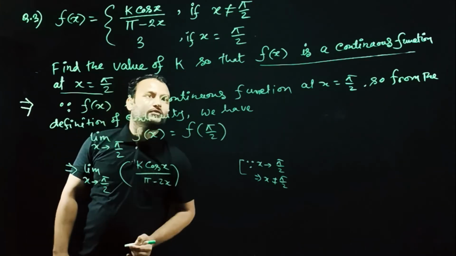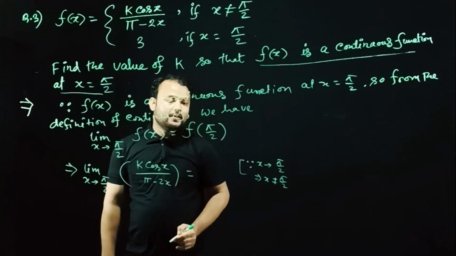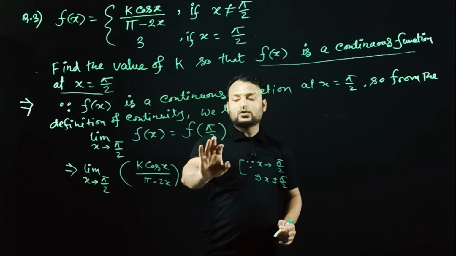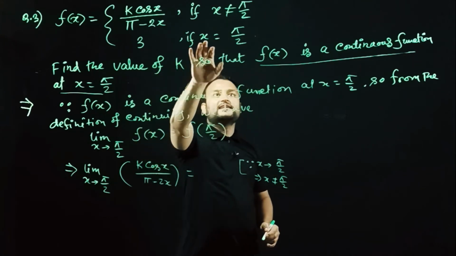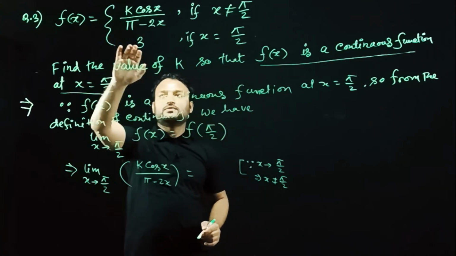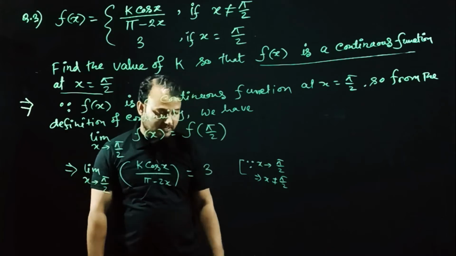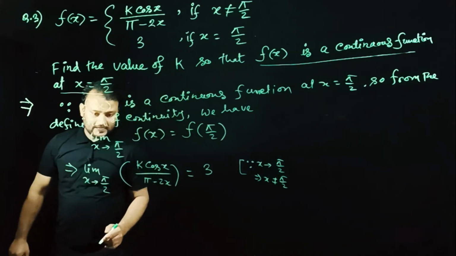And f of pi by 2, where x equals pi by 2, is 3 from the given question.